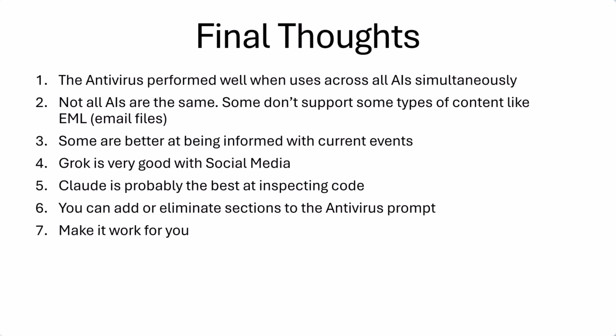We also noticed that some AIs were better at being informed with current events, like, for example, the Equifax settlement. Some of them didn't know about the website and some did. I would say that Grok is probably the best when it comes to social media, and if you're inspecting code, Claude is probably the best way to go.